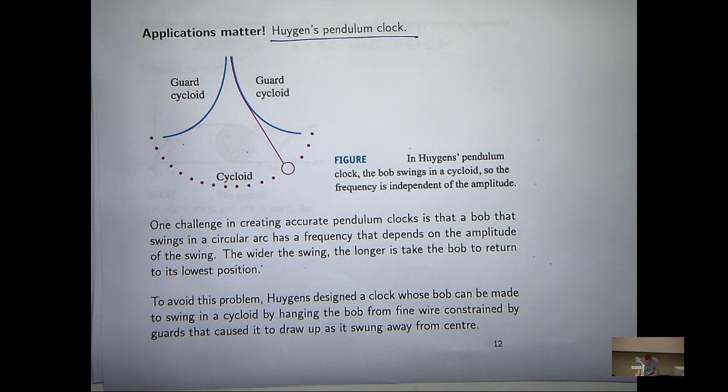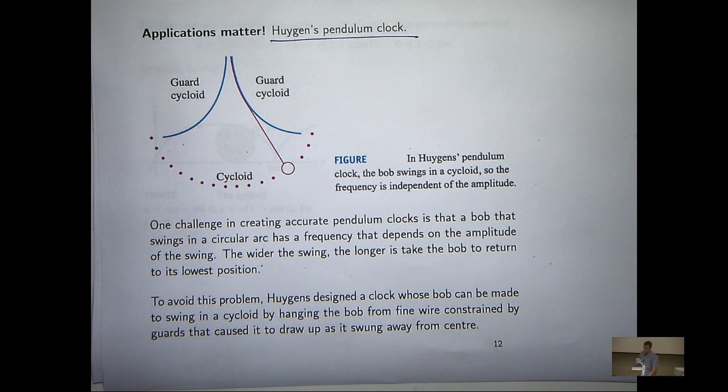Back in the day, building accurate clocks was really important for navigation purposes and just to keep correct time, right? A lot of scientists and engineers and inventors tried to build an accurate pendulum clock.